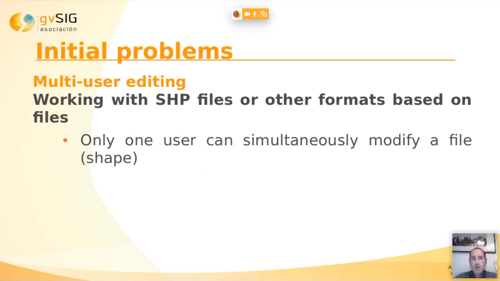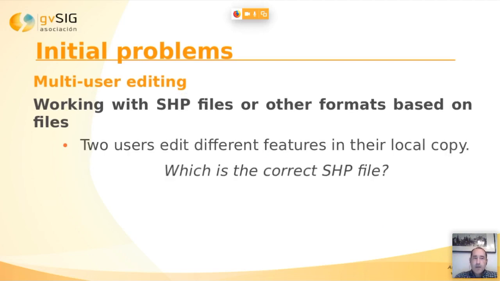For example, when only one user can simultaneously modify a file. So the file only can be modified by one user. Two different users can edit this file, but in their computers, in their local copy. So there is a problem because we don't know which is the correct shapefile.